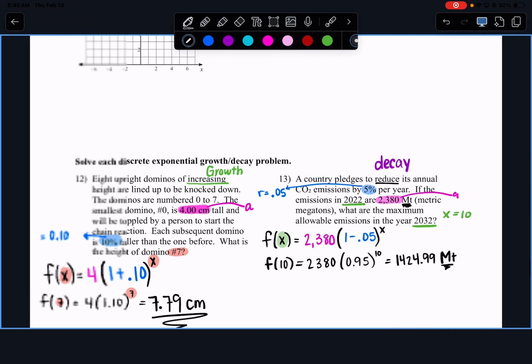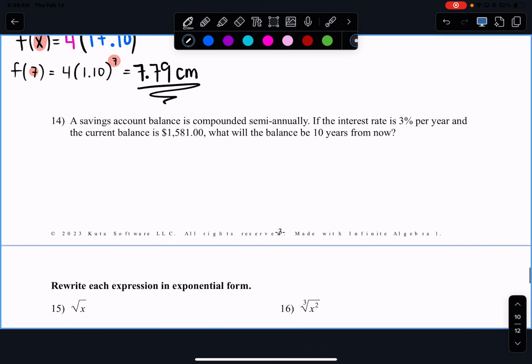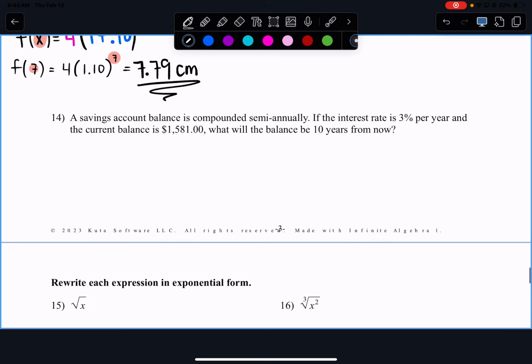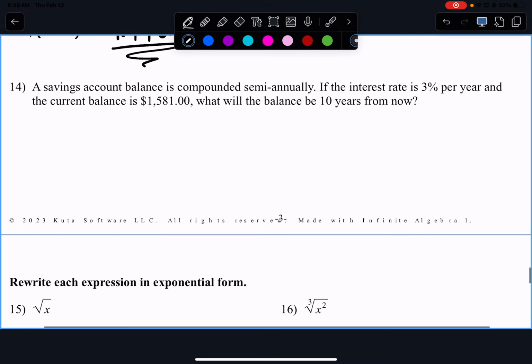All right. Now, number 14. So number 14 is what kind of problem? Compound interest. So what is our principal? That is our P. Now, what is our rate? 3%.